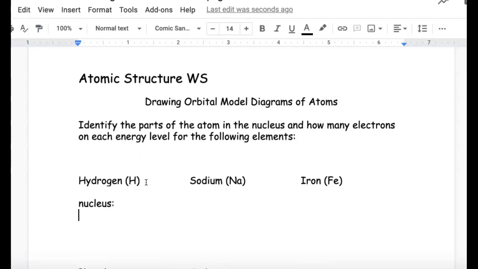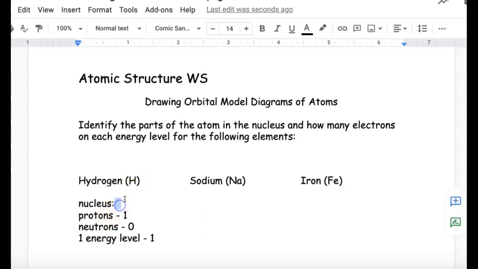And so underneath it, I'm going to put protons, because that's the atomic number, so there's 1. And then I'm going to do neutrons, 0. And then I'm going to do 1 energy level, which has 1 electron on it.